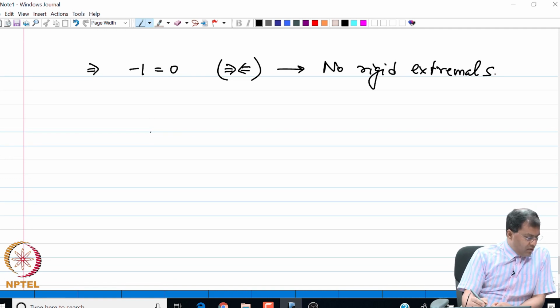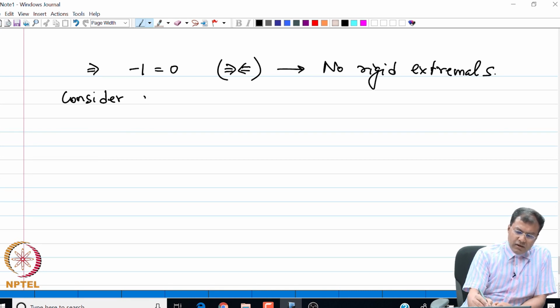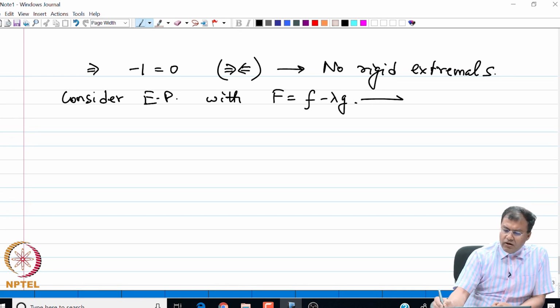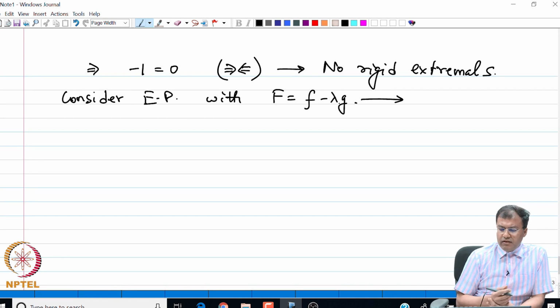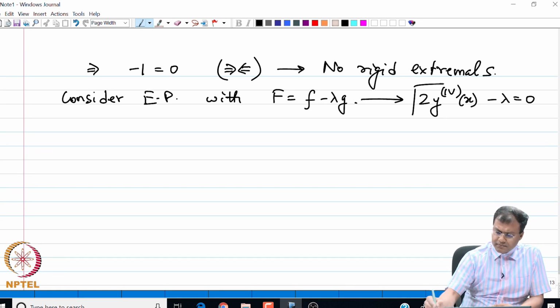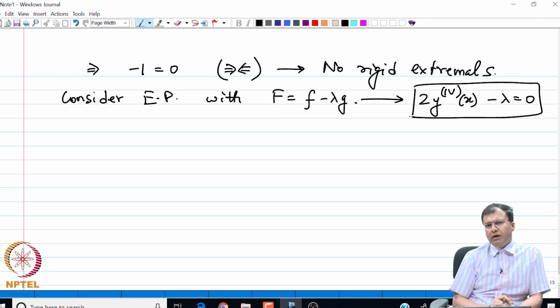Okay. So, let us look at the Euler-Poisson equation. Consider my Euler-Poisson equation with capital F equal to f minus lambda g. After plugging this in, I simplify to the following ODE: 2 times y fourth derivative of x minus lambda is equal to 0. I am just writing the final form of the necessary condition that the extremal satisfies.